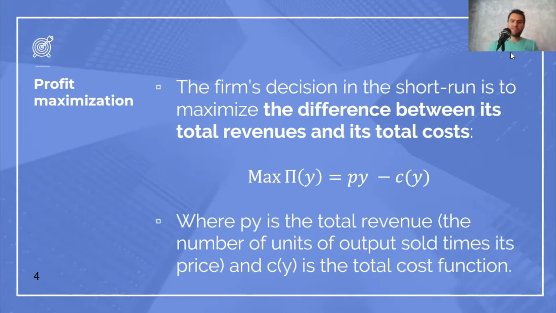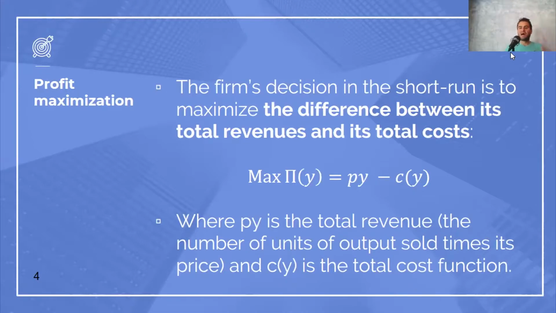They are the difference between your total revenues, and total revenues is literally just the number of units you sell times the price at which you sell them, P times Y, minus the total cost function that we saw last class or last week. And basically, you sum up all your revenues, and then you subtract all your costs, and that is basically your profits, just like that.